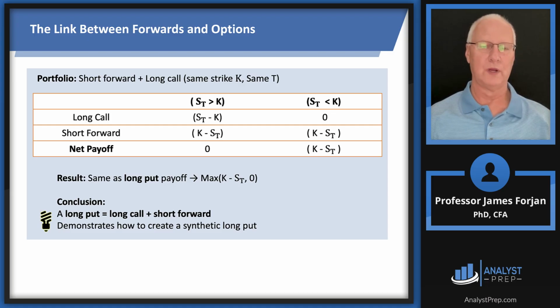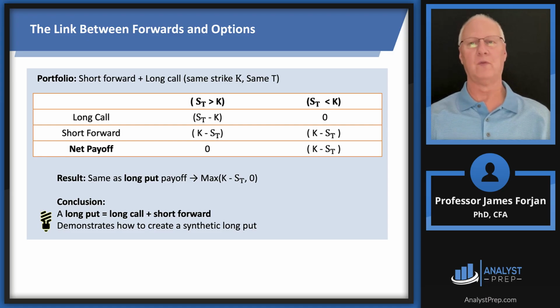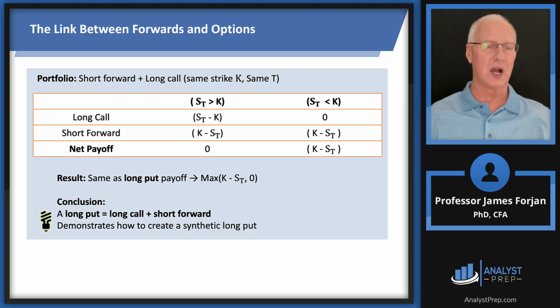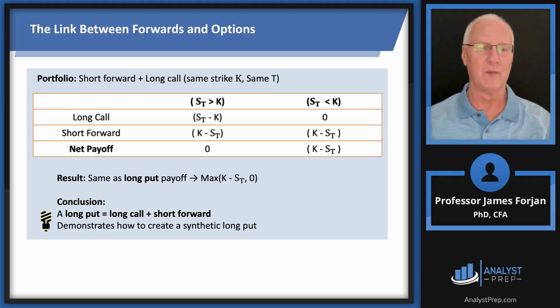Now, there's a really cool relationship between and among all sorts of assets. We're going to do put-call parity at some time in the next 8 or 10 chapters. And put-call parity tells us that there has to be a relationship between the underlying asset market, like a stock market, and the option market, like a stock option market, and the credit market, like a treasury market, and then even some other markets here.